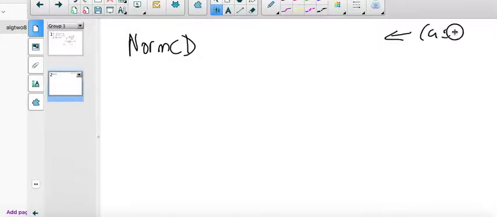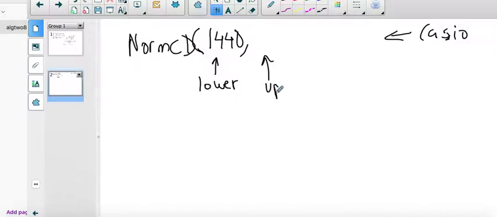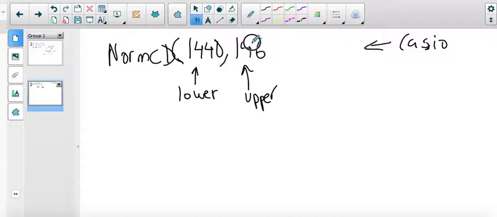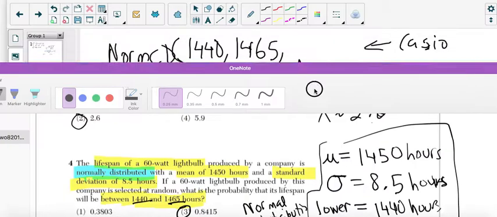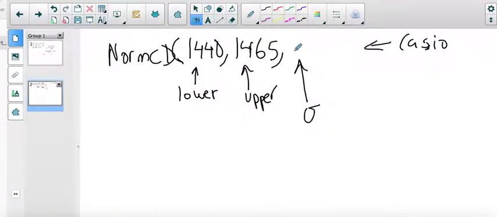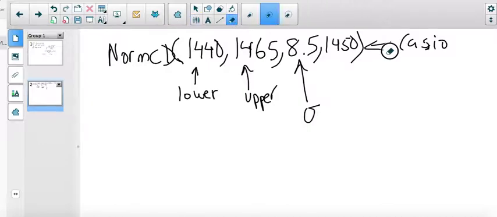You're going to enter the lower first, or the min, 1440, comma, upper, 1465, and then you enter the standard deviation first, which was 8.5 hours. And then you enter the mean, 1450. All right, that's for the Casio calculator.